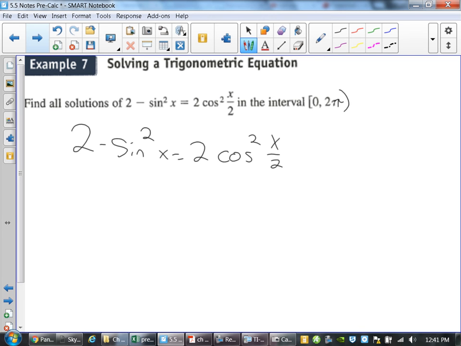Basically, we're going to find all the solutions, but we've got to get rid of that half angle. So we just use the half angle formula for cosine of x over 2 and substitute back in.